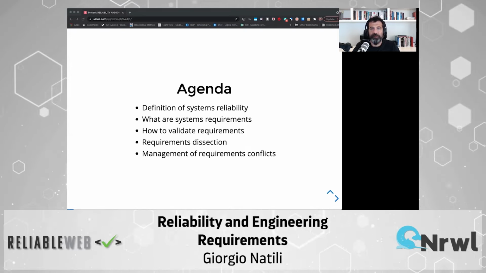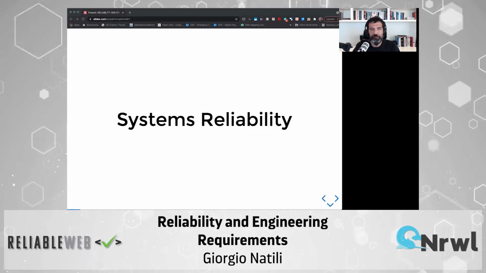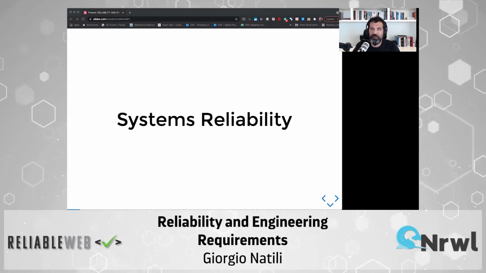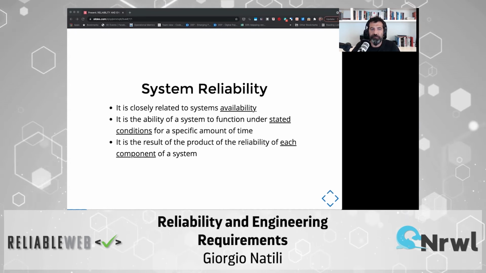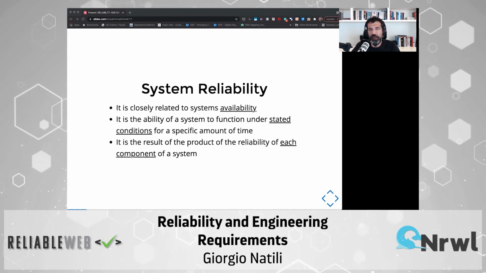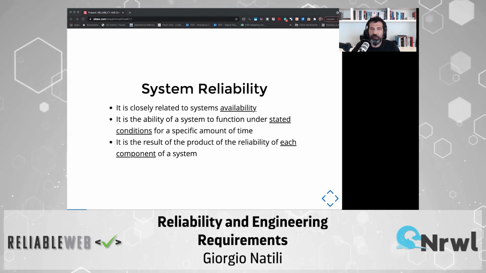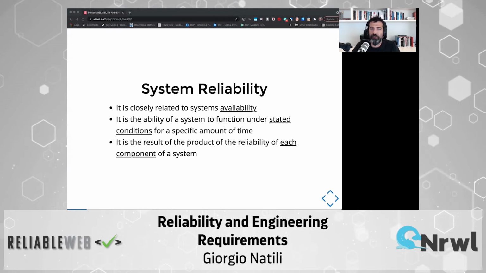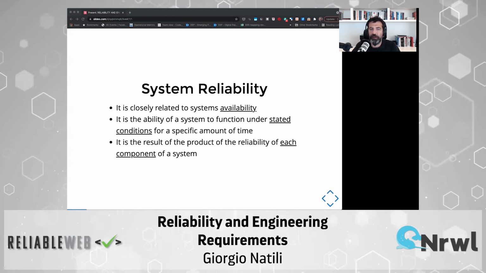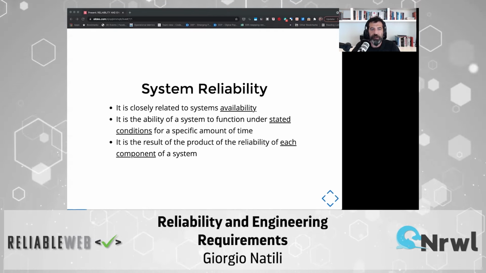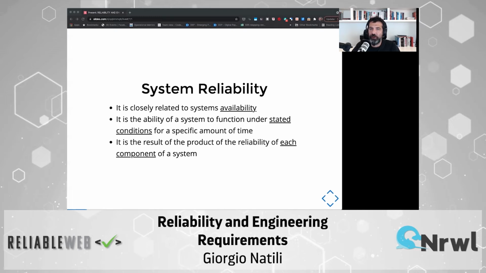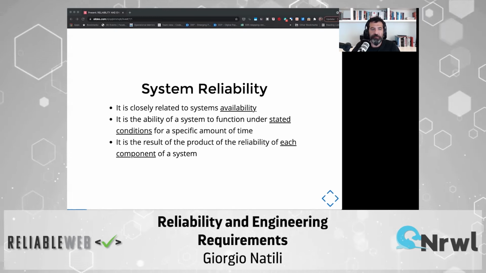Let's start. Let's talk about system reliability. It's a very wide topic, but in a nutshell, it is the data point that makes your system available and reliable for other systems. So it's very close to what is availability.